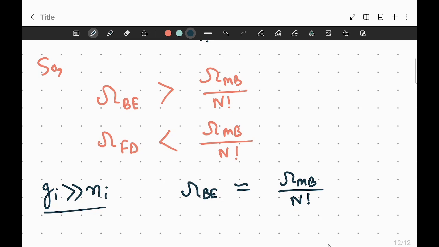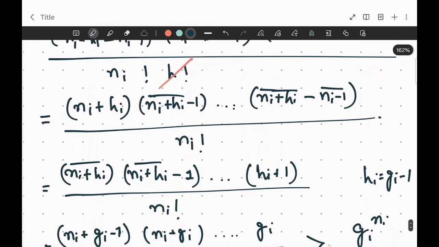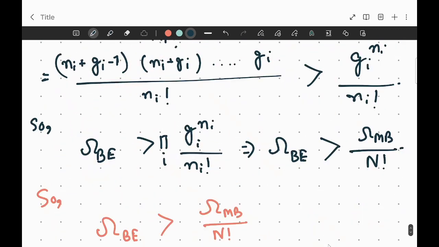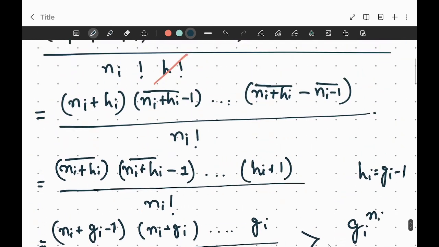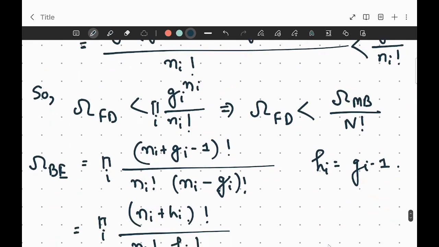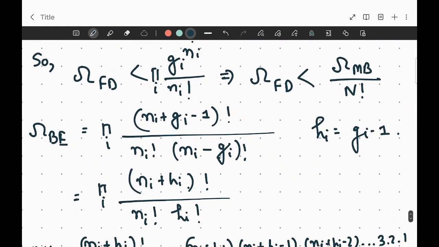But due to Gi being very much greater than Ni, if you impose this condition, then obviously it will be comparable to Maxwell-Boltzmann. That you can see from here. If you do the comparison, they will be equal. This is the Bose-Einstein distribution. So when Gi is very, very much greater than Ni, you can think of this as Gi divided by Ni factorial.